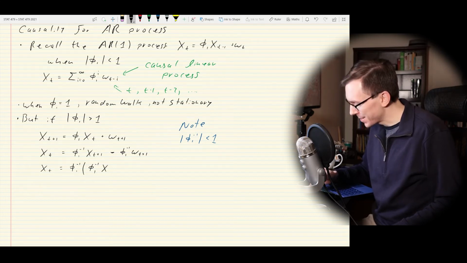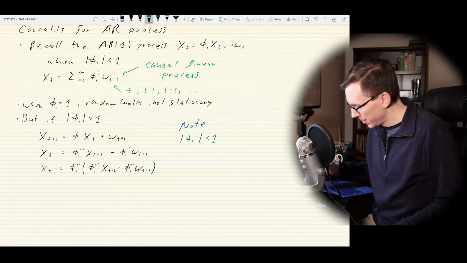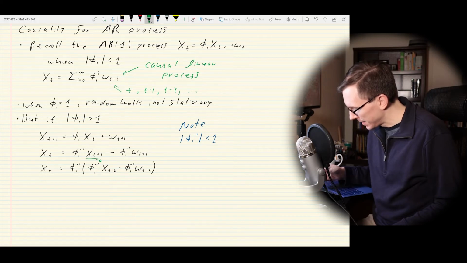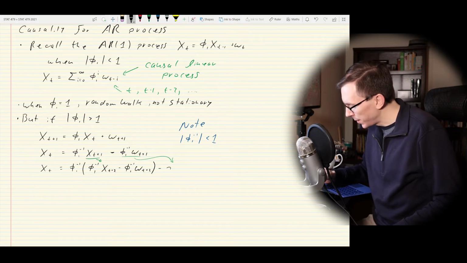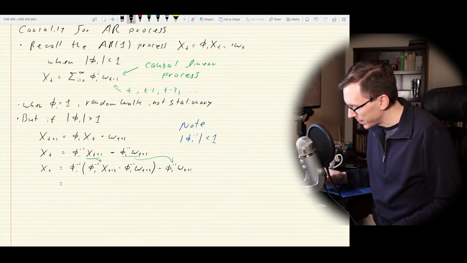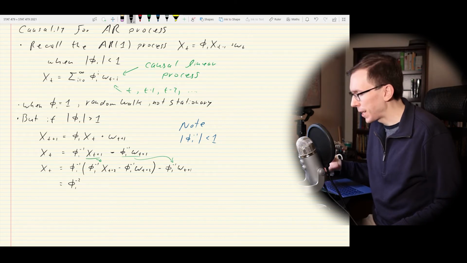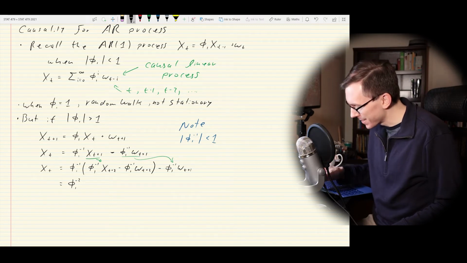So we have an x_{t+2}, and then we have phi 1 to the minus 1 w_{t+2}, and then this last piece here, which is just the same thing, phi 1 to the minus 1 w_{t+1}. If we rearrange the terms a little bit, we get a phi 1 to the minus 2. I should probably just write phi and drop the sub 1 because it's annoying to keep writing.